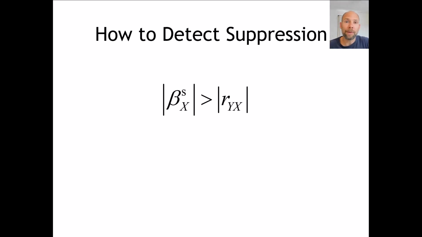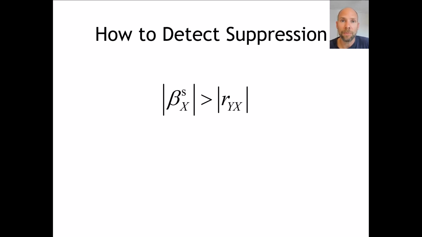Now, one problem could be if you have multiple suppressor variables and very highly correlated predictor variables, you could run into a problematic scenario of multicollinearity where your standard errors may be very high because your predictors are so highly correlated. In that situation, you have to consider whether some of the predictors are redundant and should be removed. But in principle, a suppressor situation is not necessarily a bad thing and not a reason to abandon your regression model.